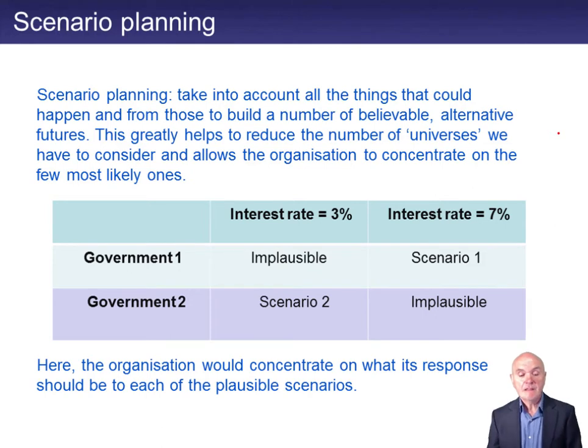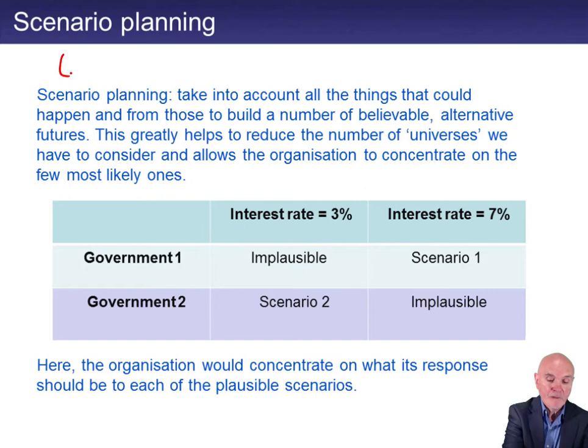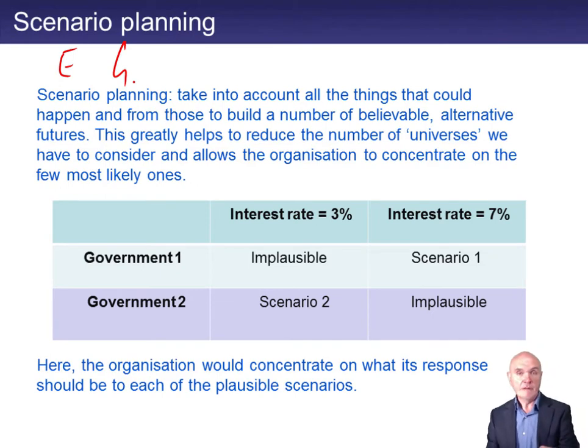Finally, there is scenario planning. This takes into account all of the things that could happen and says, right, some of these combinations are inherently unlikely. Because if you have, let's say, 4 variables, so let's say you have good economy and bad economy. Let's say you have one government or another government.